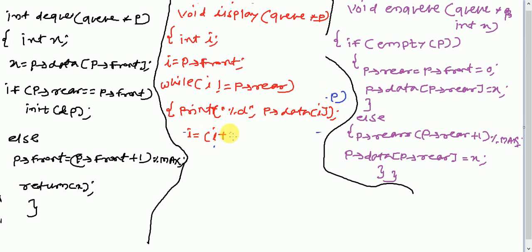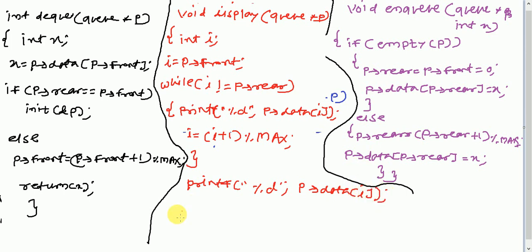I is equal to I plus 1 mod max. Okay, now here once I will point to P of rear, it will not go inside the while loop and it will break. So that means I need to display the last element P of rear also. So here we have to add one more printf statement, printf %d P of data of I, or you can say P of data of P of rear. Okay, anything is okay. Here completes the display function.